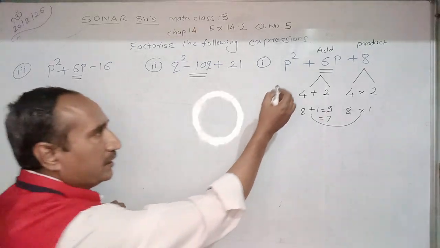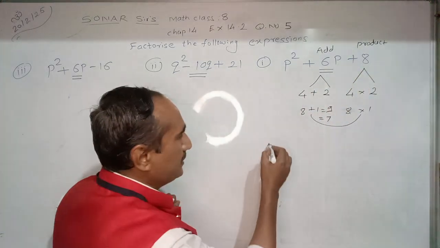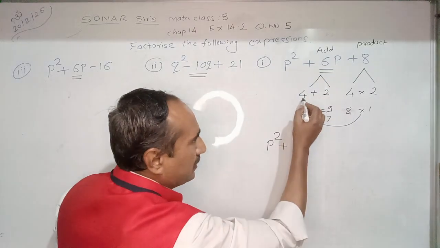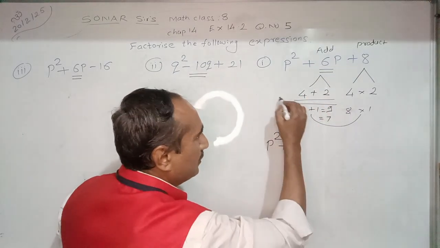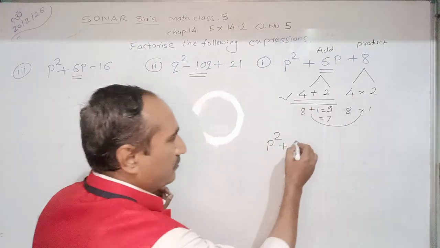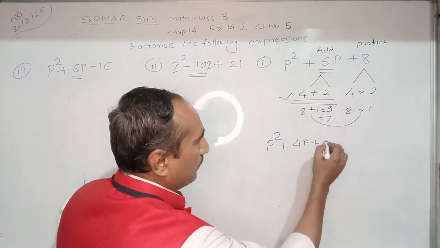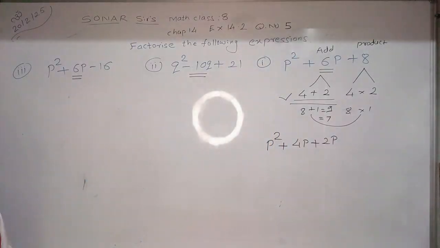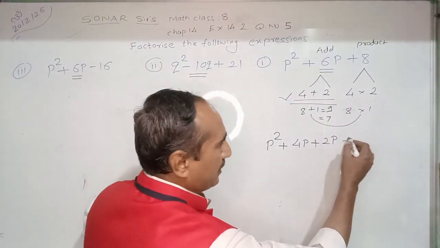So we are going to write this in the splitting form. 6p. Now these are the factors that we have to consider. So it becomes p square plus 4p plus 2p plus 8.